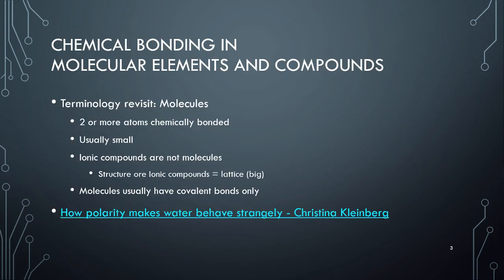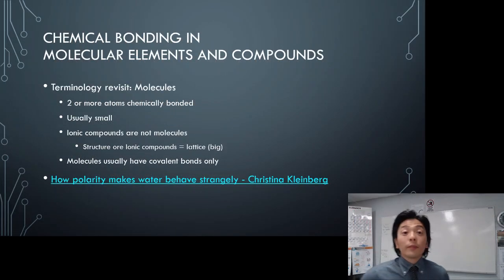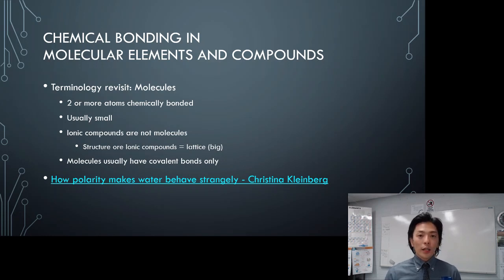Alright, so terminology, that's something that I wanted you to think about, is a molecule. Now we'll be looking at molecules only. We won't be looking at anything that's bigger than molecules. Hope you remember that they're usually small. It can go up to say a chromosome, something big, but that's still a molecule. Usually small.